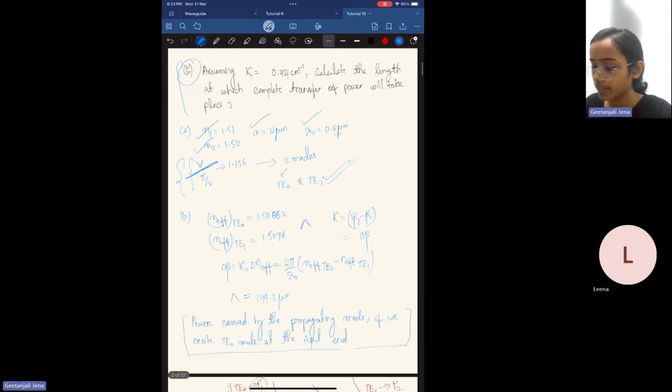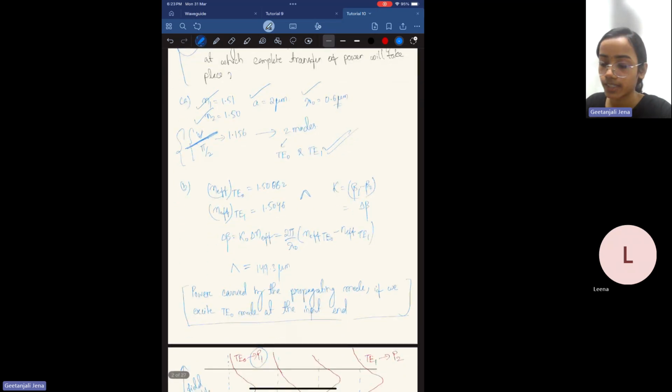The next part was asking about the grating period for the fiber, so that there will be efficient coupling between the TE0 mode and TE1 mode. Because N effective was given, the period is nothing but 2 pi over delta beta.